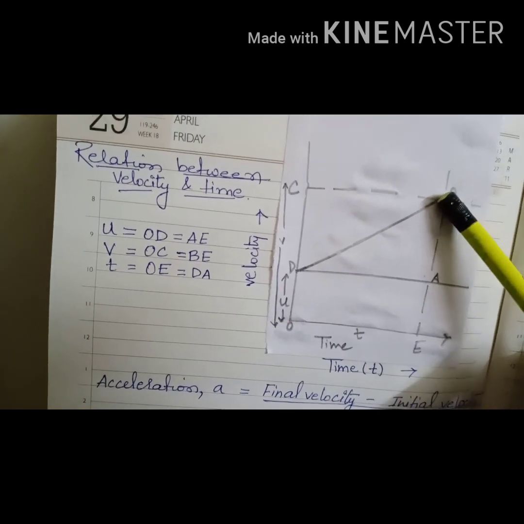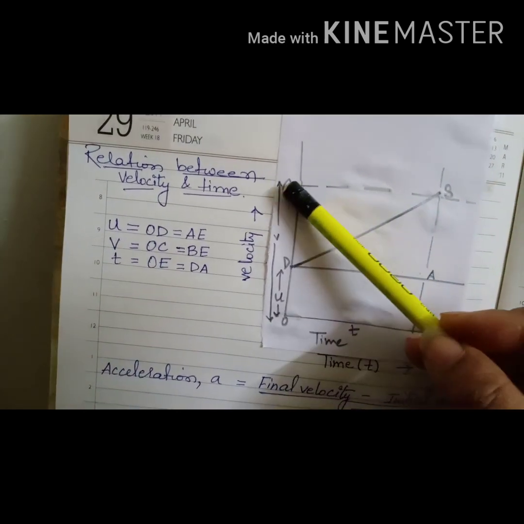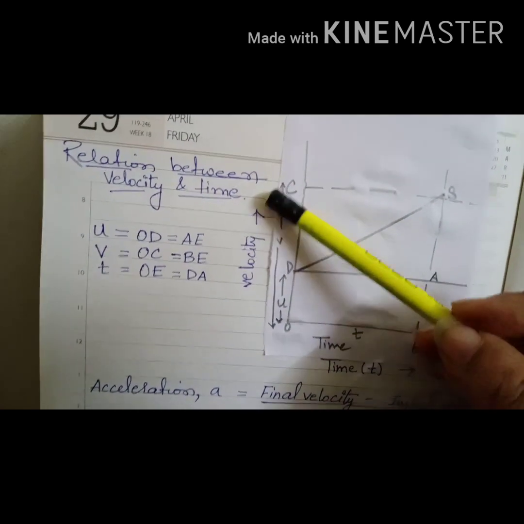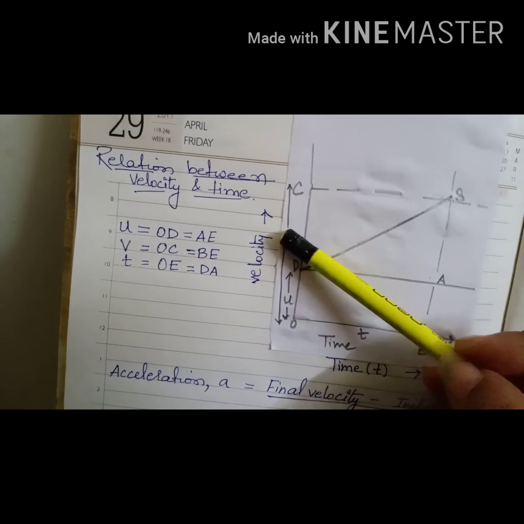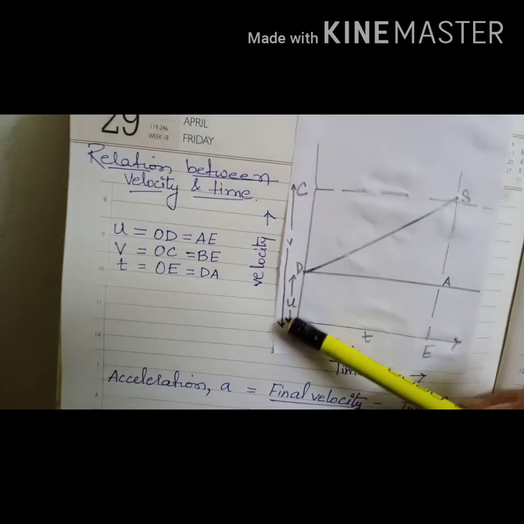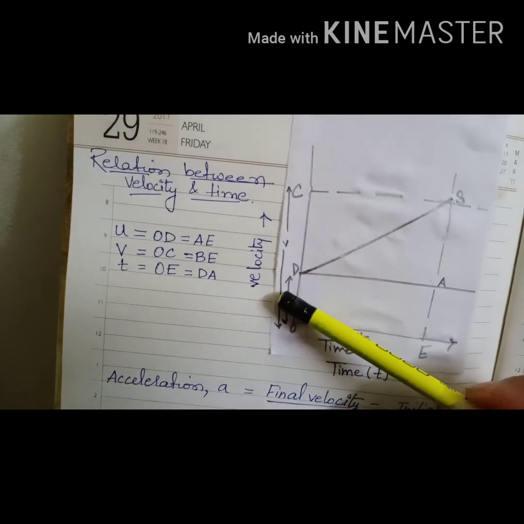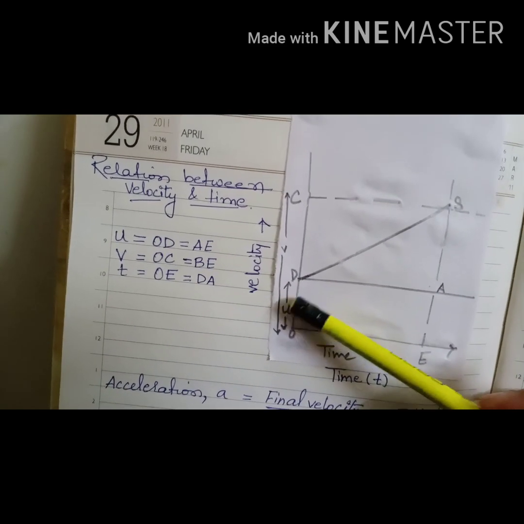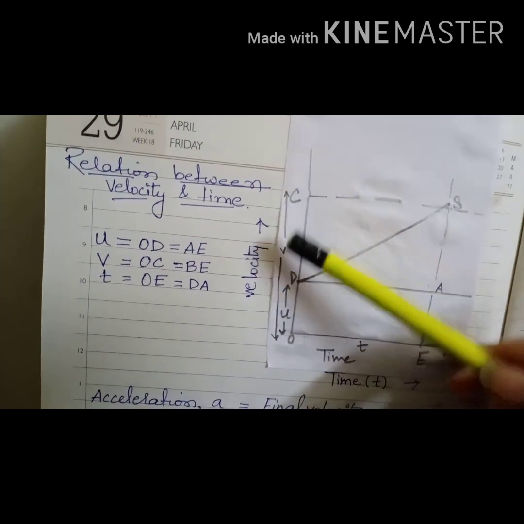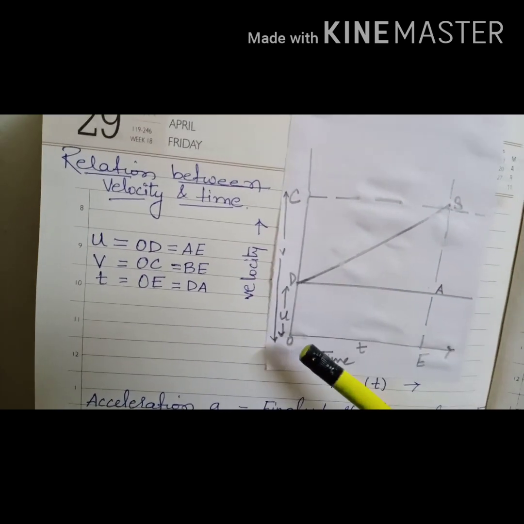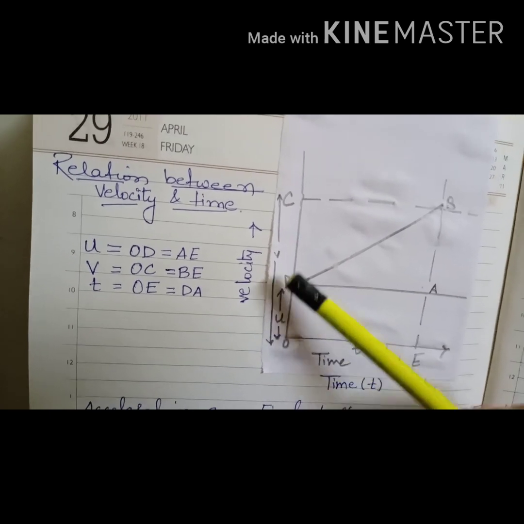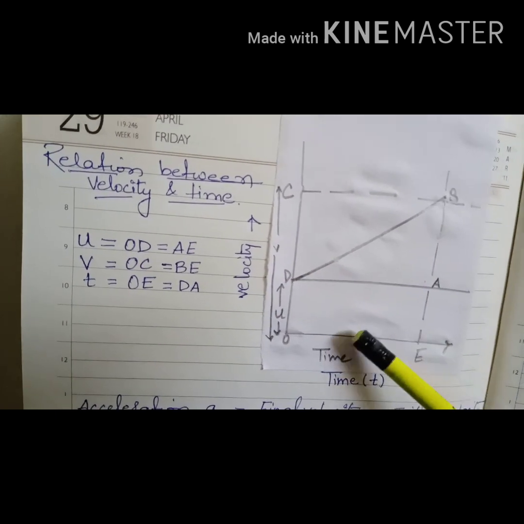The velocity at B is OC, and what is this? V. And from here to here it will be considered the initial velocity, that is U. So OD is U and OC is V, and the time taken to increase the velocity from U to V is time t.